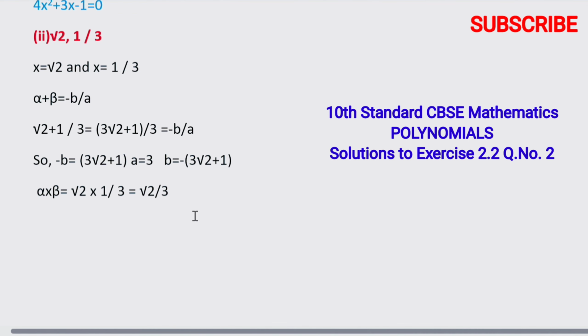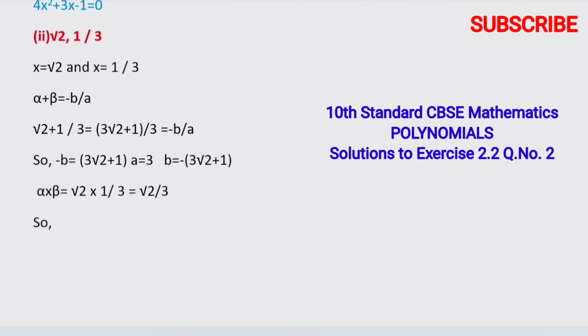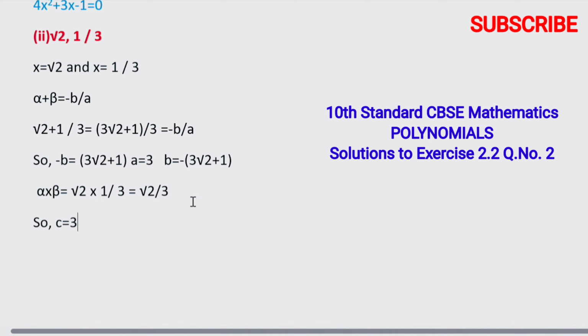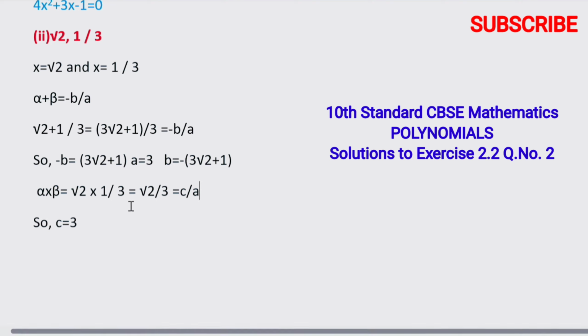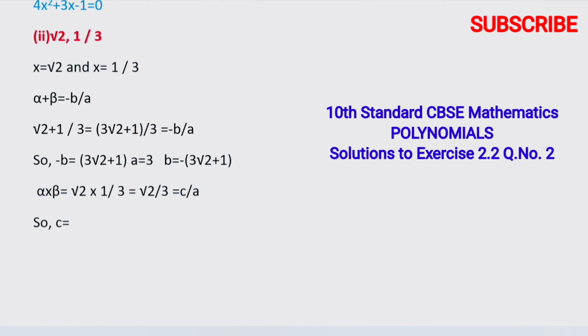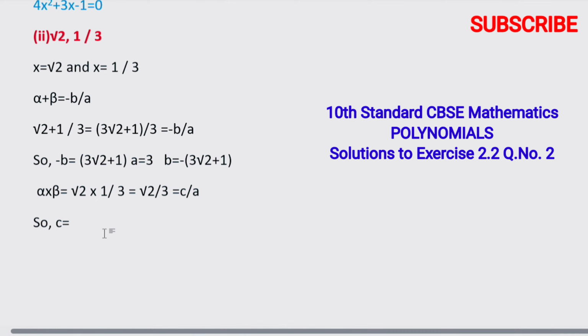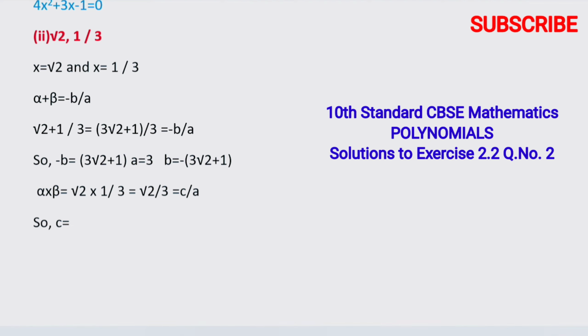Now here, c by a is the product. So c equals square root of 2, and a we already know, a equals 3.